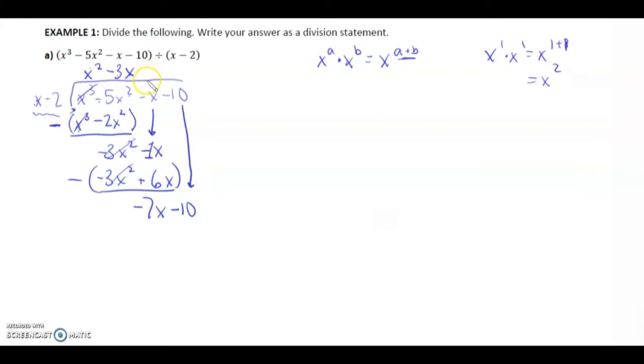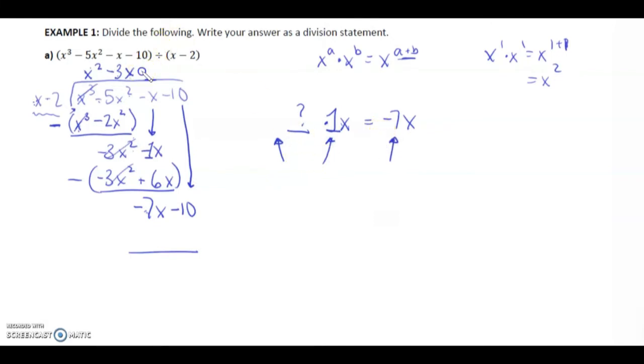So again, we're thinking what times x is going to give us, and we need this leading coefficient here, negative 7x. So we know that the x has a 1 on it. So think about it. What number times 1 is going to give us negative 7?